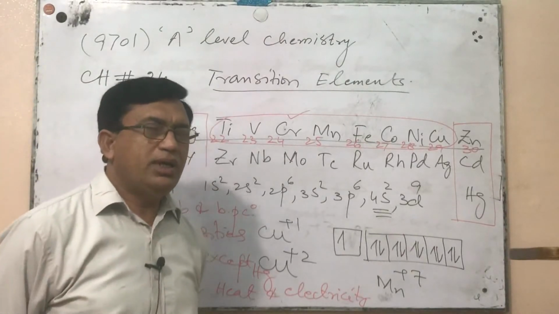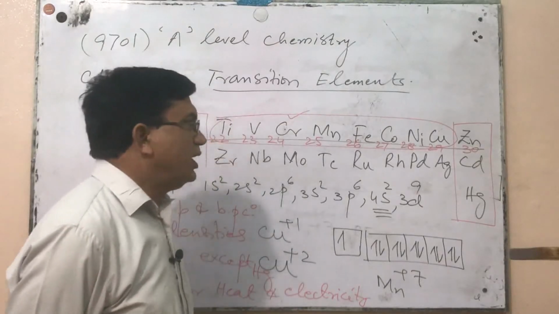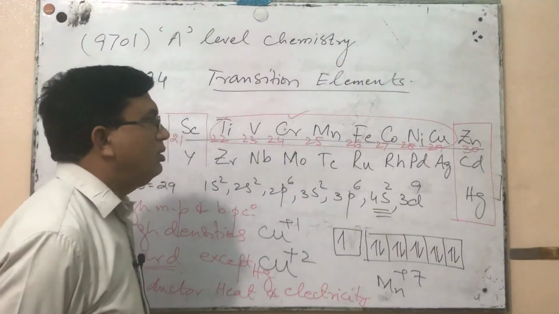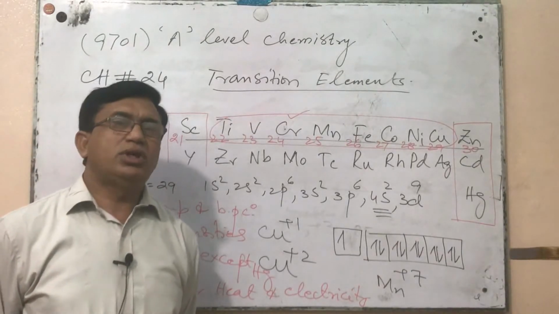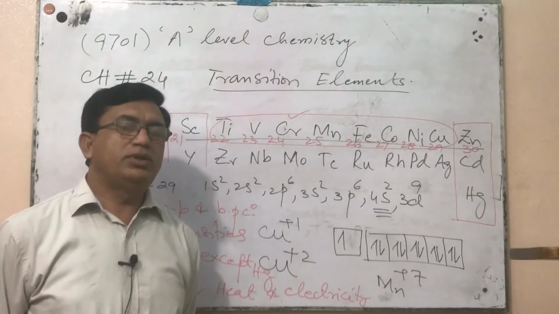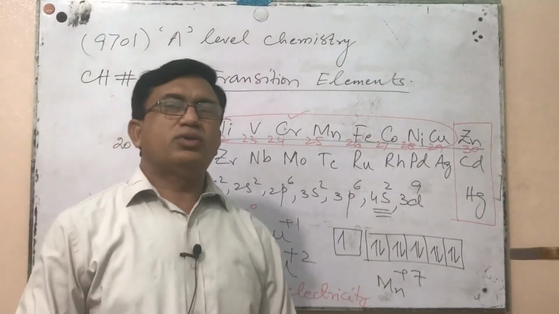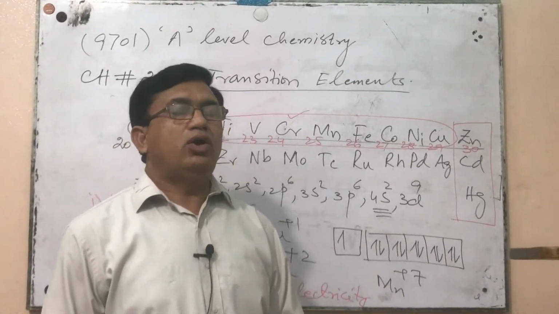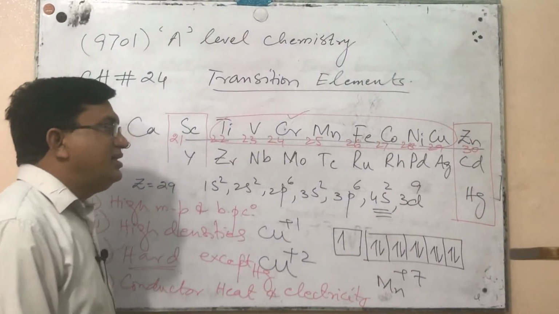Because the d orbital is involved in the completion phase. That's why so many electrons can be adopted quite easily in the d orbital. That's why, although the nuclear charge, the number of protons in the nucleus, increases and the force of attraction of the nucleus on the electrons becomes stronger, the atomic radii never change too much from left to right in the d series.